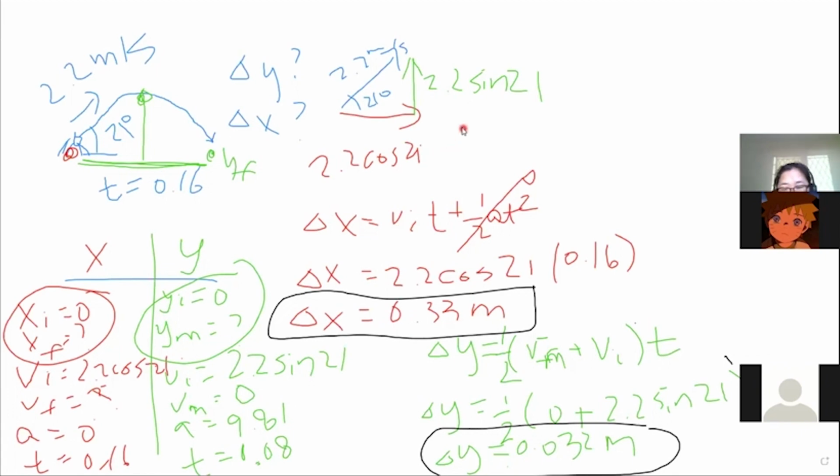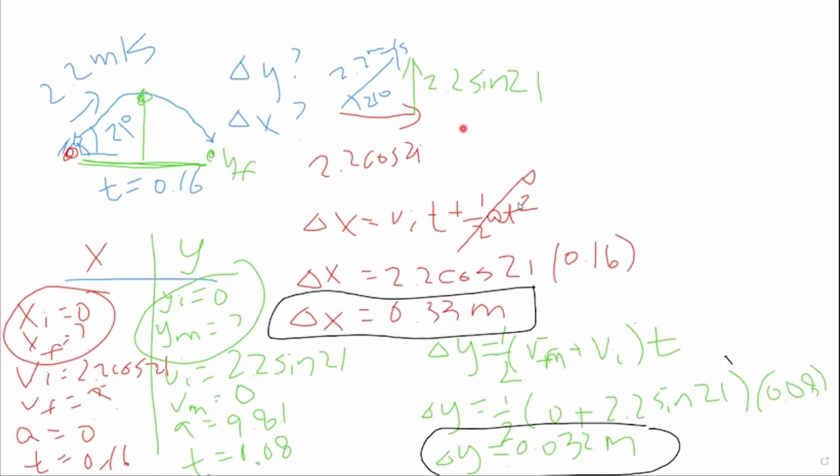Yeah, you can use that one. Should we try that one and see if we get the same answer? Yeah, you should be able to. Change in y equals velocity initial times time plus 1/2 a t squared. That one, Daniela? Yeah, I think you should get the same answer.